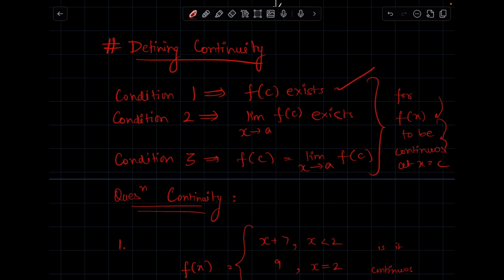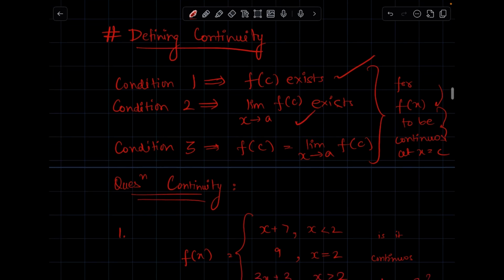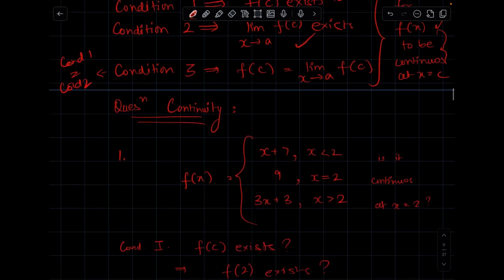The second condition is that the limit as x tends to c of f of x must exist. And condition three is that f of c should be equal to the limit as x tends to c of f of x. Therefore, condition three is basically that condition 1 should be equal to condition 2. These three conditions are what define continuity.